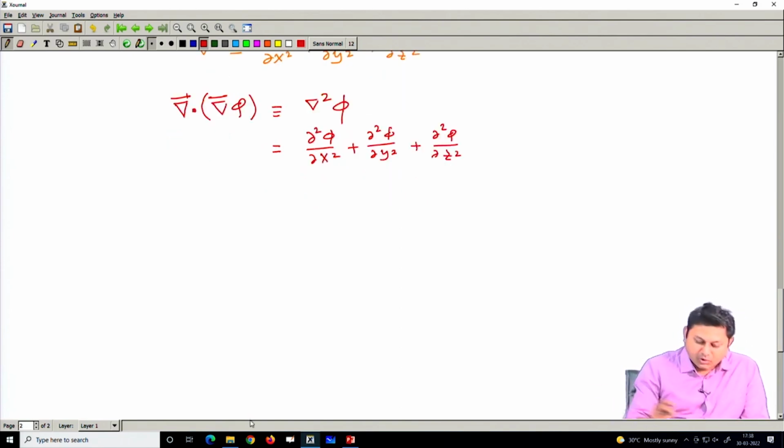Okay. And also this operator can operate over a vector field, that is very interesting.